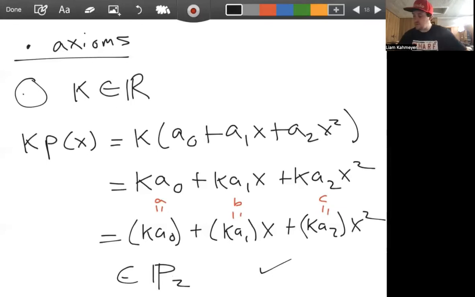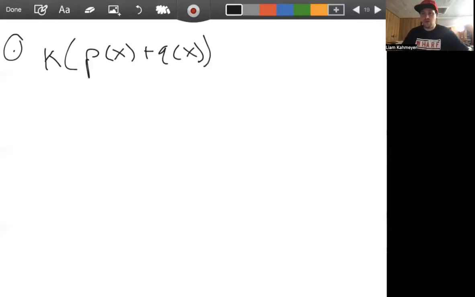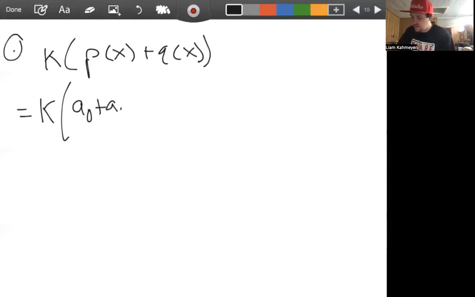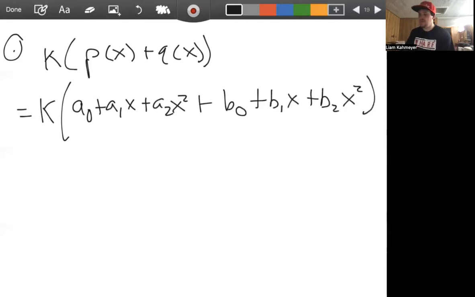What do we need to show next? We need to show that a scalar distributes. So we need to show if we have K times P of X plus Q of X, we are hopeful that we can prove that it distributes, right? So this is equal to k times a naught plus a1x plus a2x squared plus b naught plus b1x plus b2x squared.